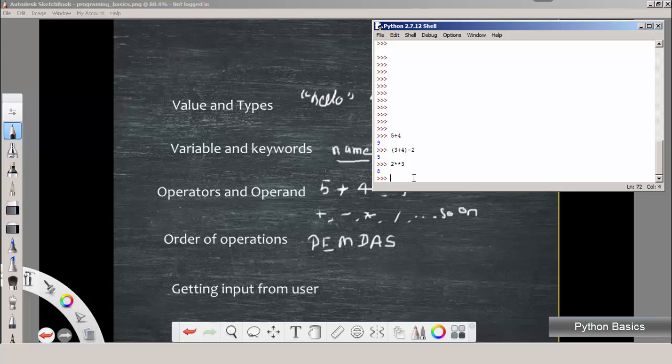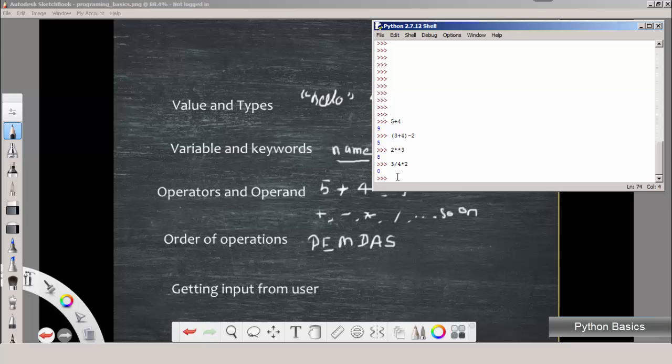If we have a statement like 3 divided by 4 multiplied by 2, how will it be executed? It's very easy. 3 divided by 4 will return 0 point something, and then multiply by 2.